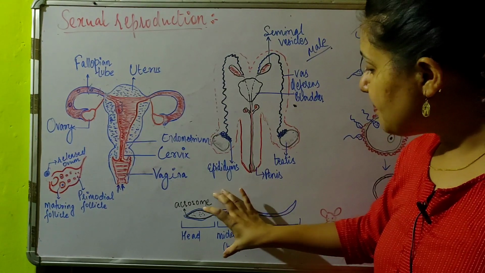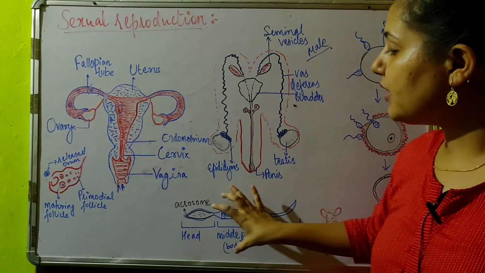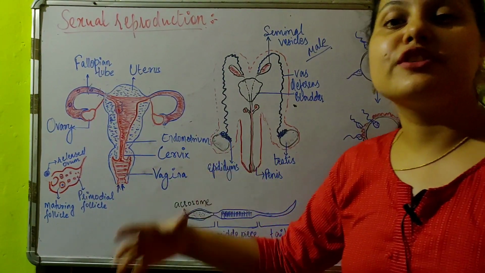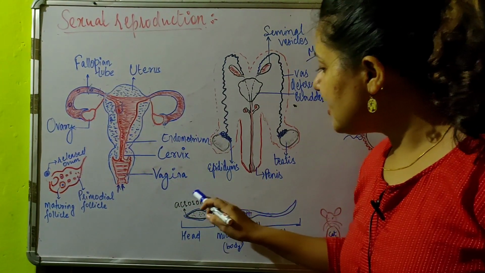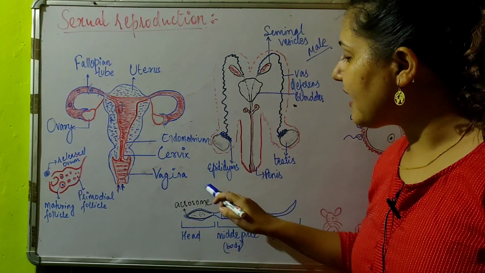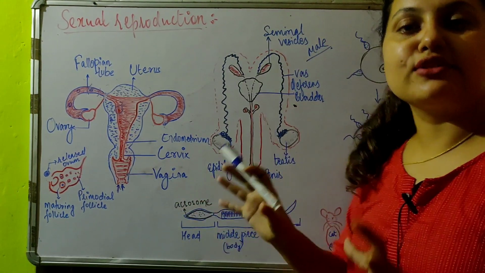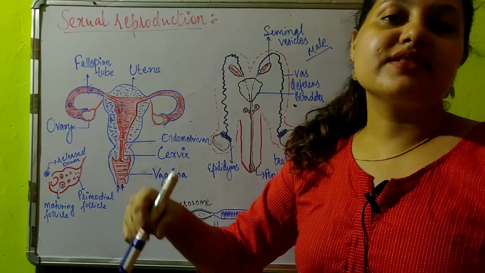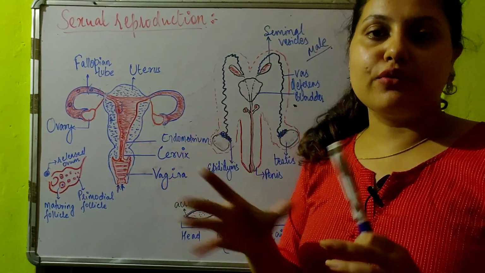This part helps the sperm in swift movement and also provides energy for the sperm to move. The head is the only part which carries the nucleus and enters the egg. The rest of the parts don't enter.